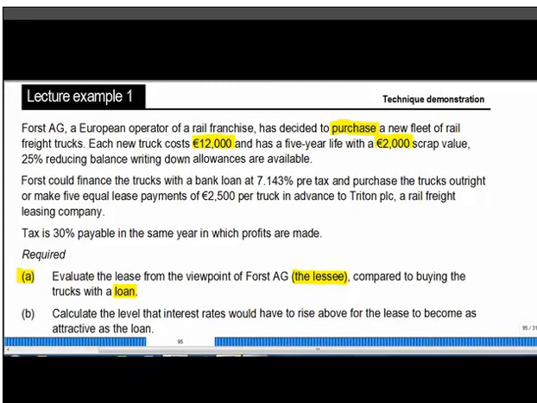Now, as you'll know from the previous chapter, whenever you pay interest, you get tax relief. And in this example, tax relief is at 30%. So if we used a loan to buy these trucks, it would cost us 7.143% before tax, so that's 5% after tax, multiplying by 1 minus 0.3.